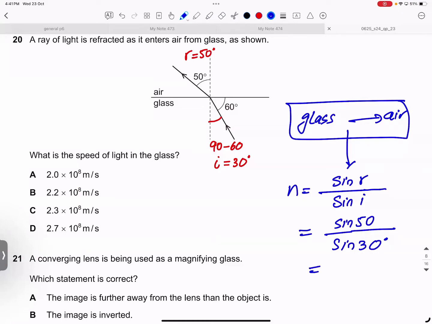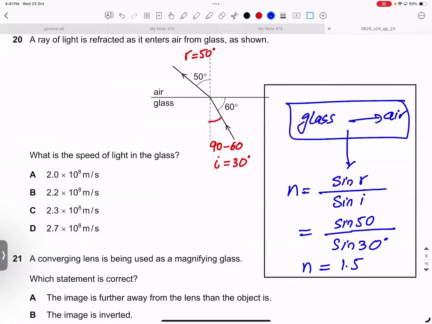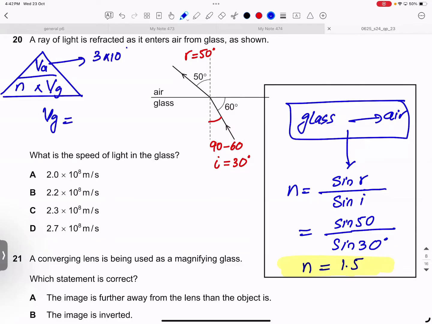No, you need speed. So first it gives you the refractive index, which is approximately 1.5. After calculating the refractive index, you look for the formula of speed. You all know that refractive index is speed of light in air over speed of light in glass. Speed of light in air is known; you should memorize 3.0 into 10 power 8.